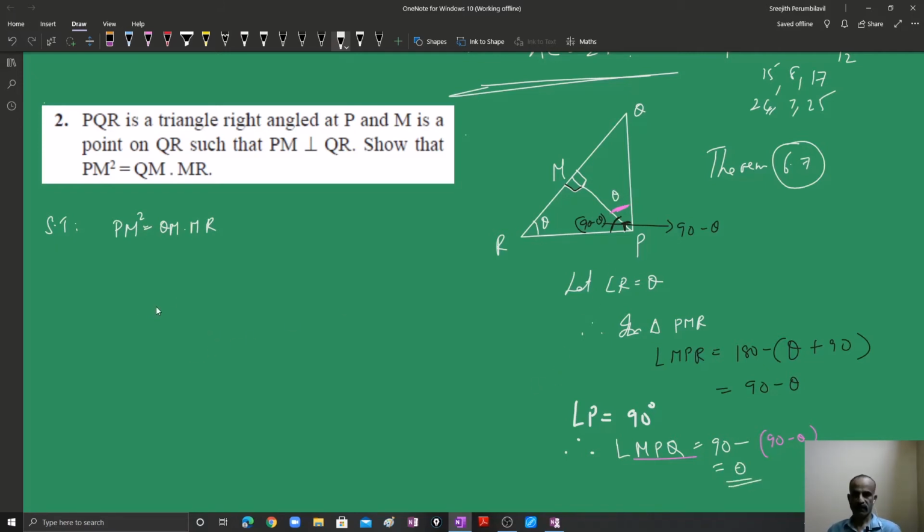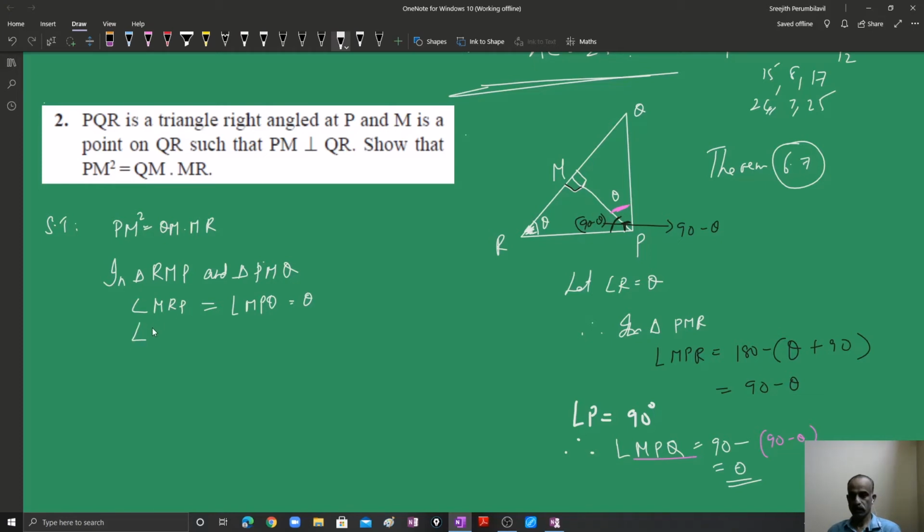Now when you compare triangle RMP and triangle PMQ, angle MRP, that is theta, is the same as angle MPQ, both of them equal to theta.